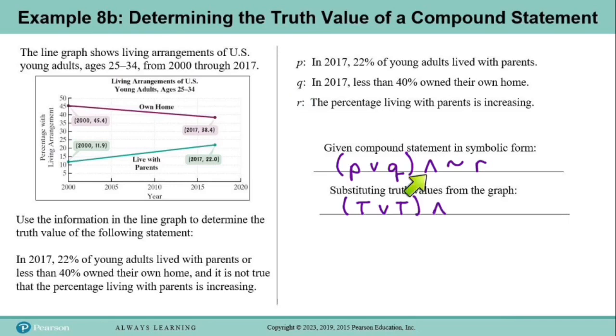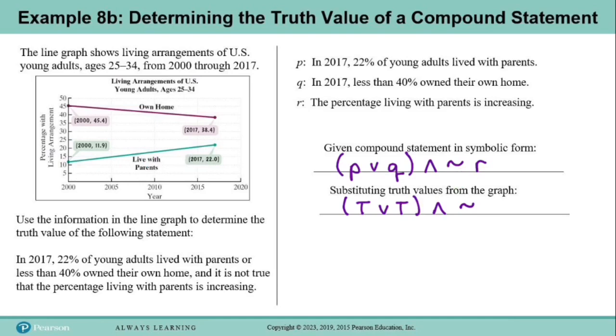Then we've got an and symbol and a not symbol, and then let's look at statement R. So statement R says the percentage living with parents is increasing. And again, when we look at the line that represents the percent living with parents, it is sloping uphill to the right, and so that's increasing.